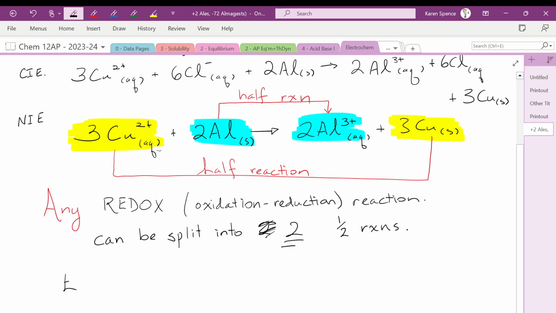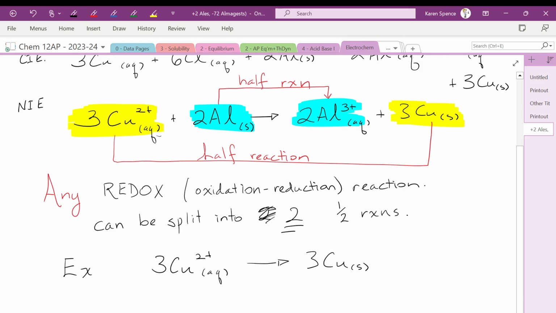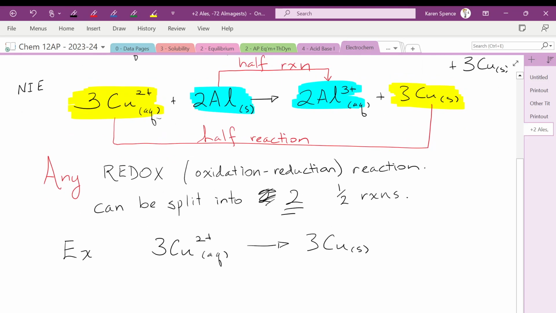Okay, so for example, we are going to take our 3Cu 2+ aqueous going to our 3Cu solid. However, what should I do with that equation?